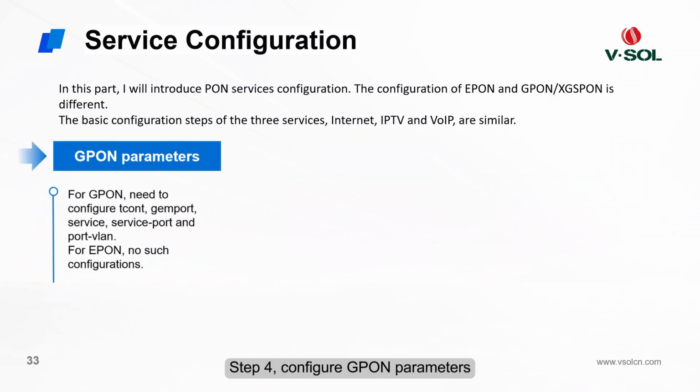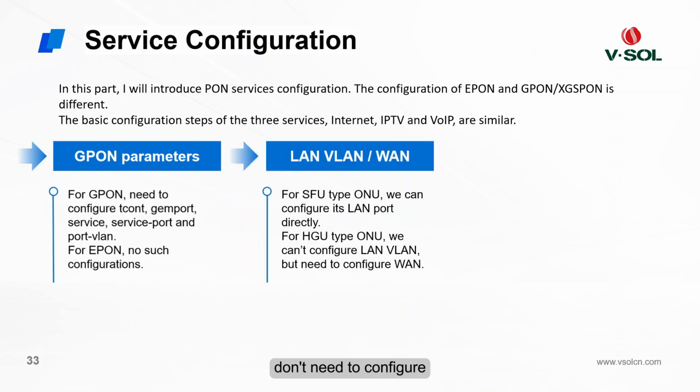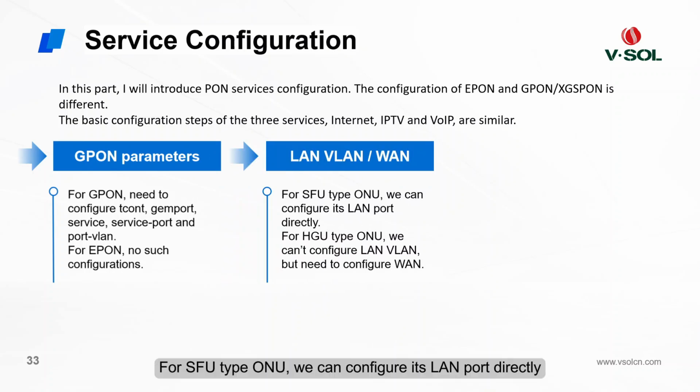Step 4. Configure GPON parameters. It contains TCONT, GEMPort, service, service port, and port VLAN. For EPON, don't need to configure. Step 5. Configure LAN VLAN or WAN. For SFU type ONU, we can configure its LAN port directly.